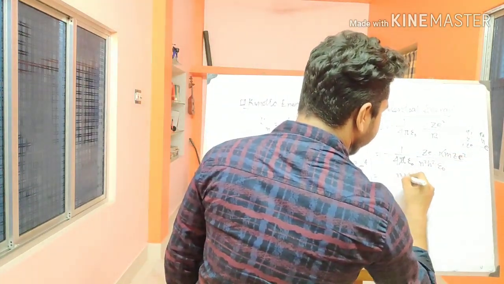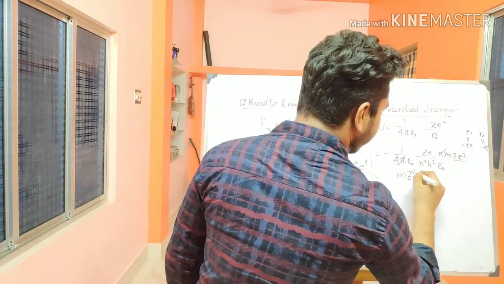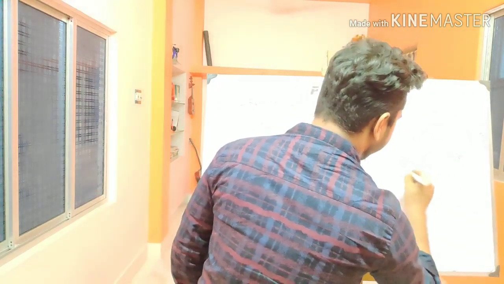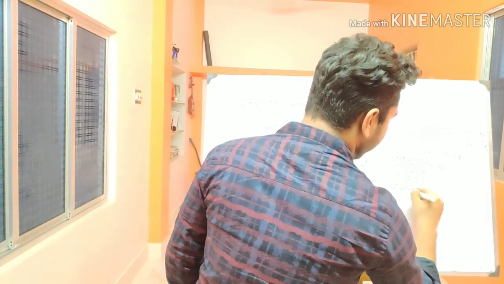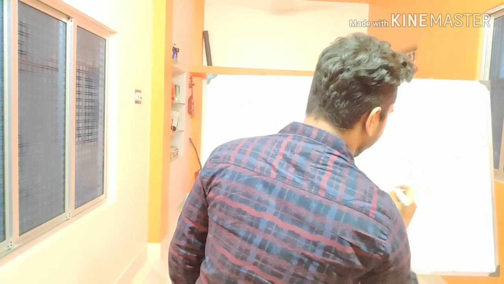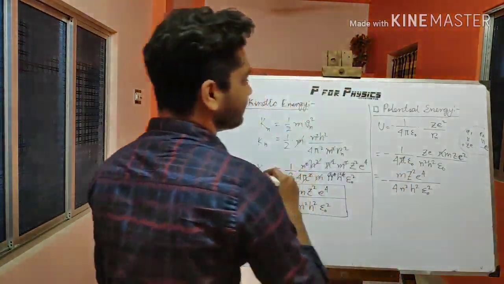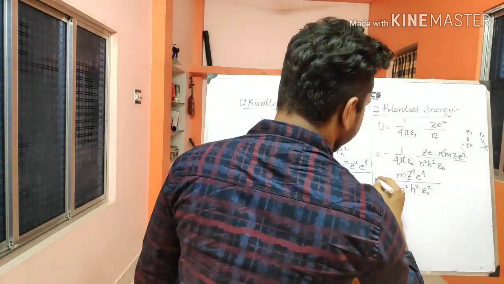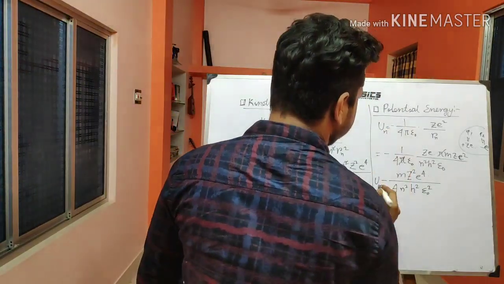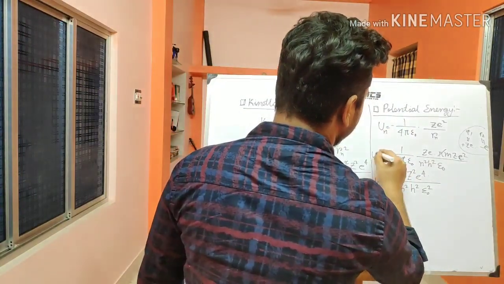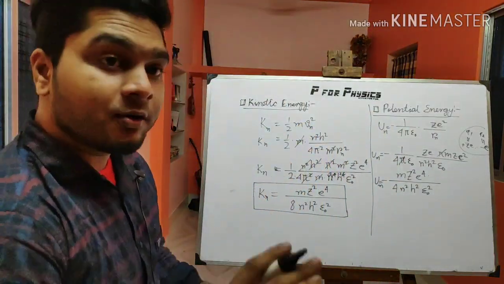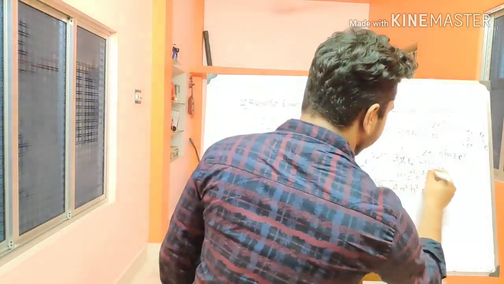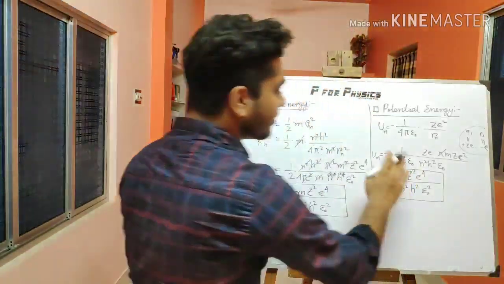We have m z square e to the power 4, and down here we have 4 n square h square epsilon naught square, and there is a negative. So this is the required expression for Un, because this thing also is quantized, that is, dependent on n.